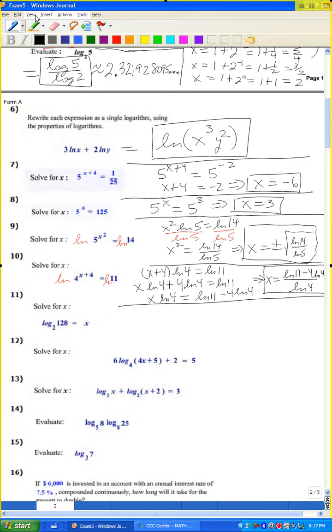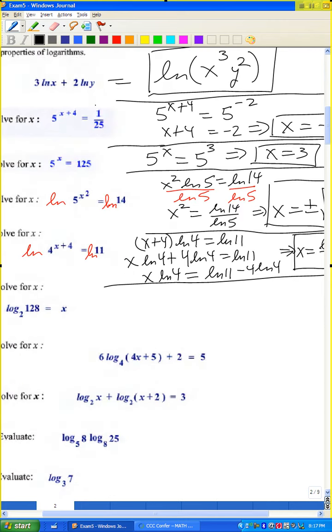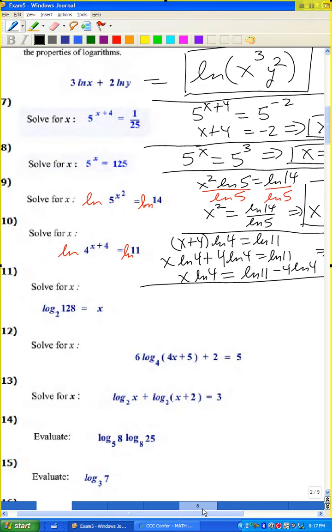Okay, so solve for x. So I have here that the base is 2, the exponent is x, and the result is 128. I can rewrite 128 as 2 to the power, I think, 8. 2, 4, 8, 16, 32, 64, 128, 7.